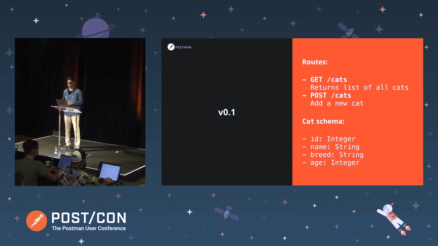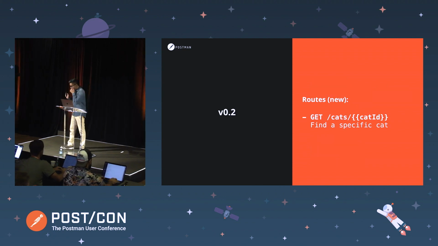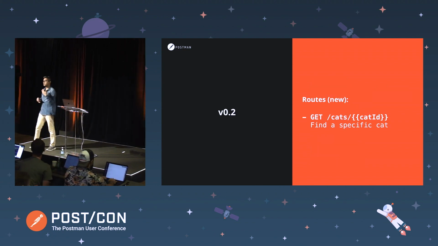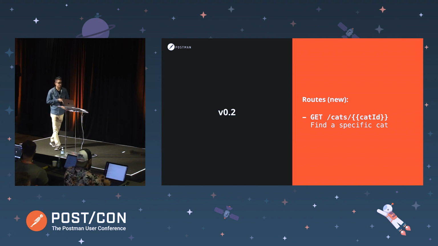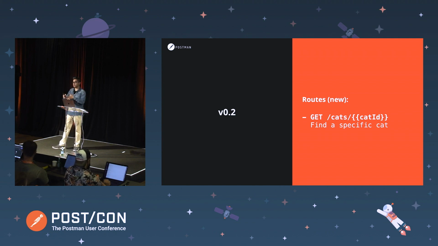And we'll also look at the evolution of an API, and how API design evolves as changes evolve. So we'll look at a hypothetical scenario when a second version of the same API has to be shipped out, this time with another route which gives you a specific cat.